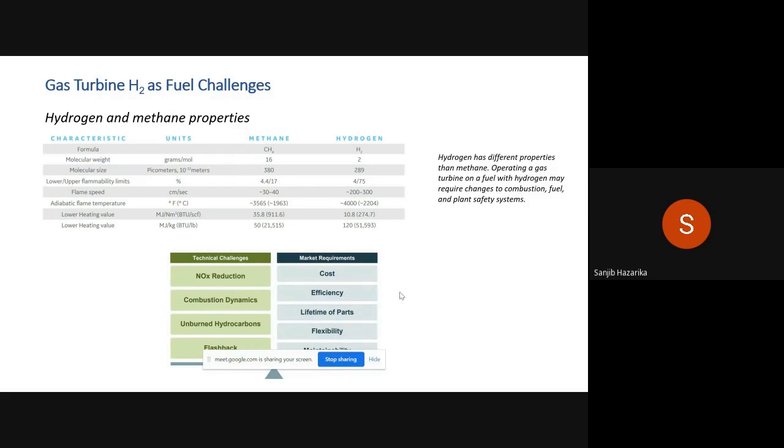And when we see these fuel properties, there are certain specific changes that will be required in the fuel system, because of the volumetric flow of the hydrogen compared to natural gas, and also safety systems, because hydrogen is more flammable.